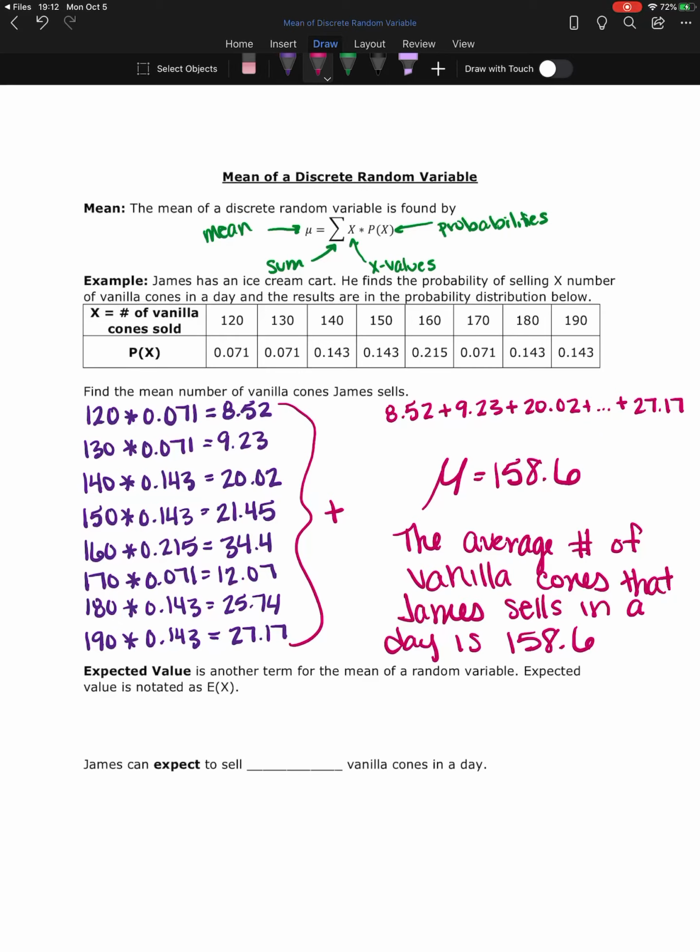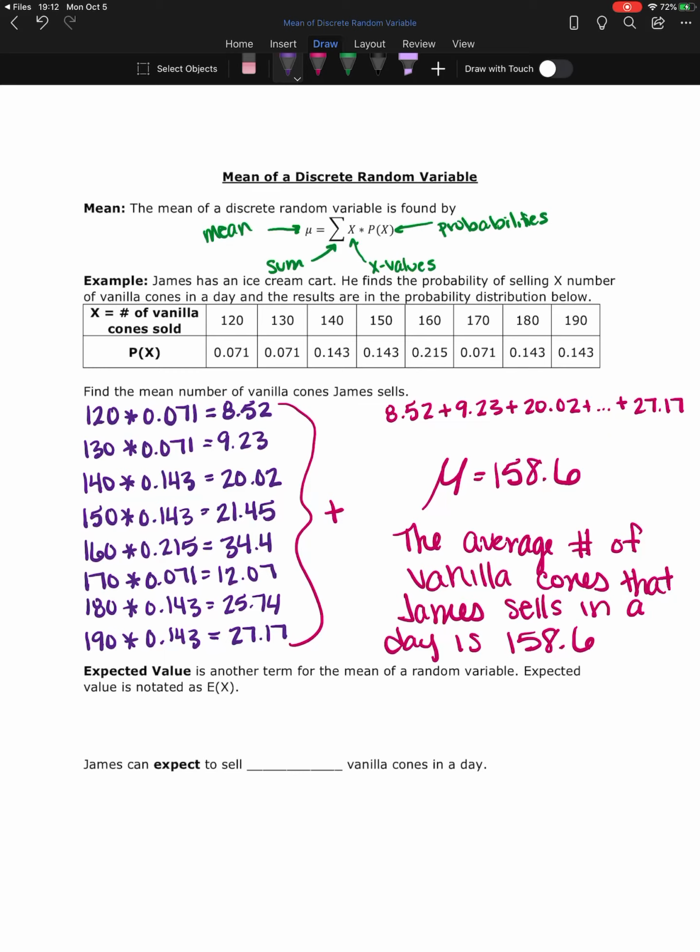So then another term for the mean of a random variable like this one is the expected value. Expected value is notated as E of x. Now the calculation for expected value is completely the same. It's just another term for the mean. Mean and expected value are the same thing. The only thing that changes a tiny bit is the interpretation.